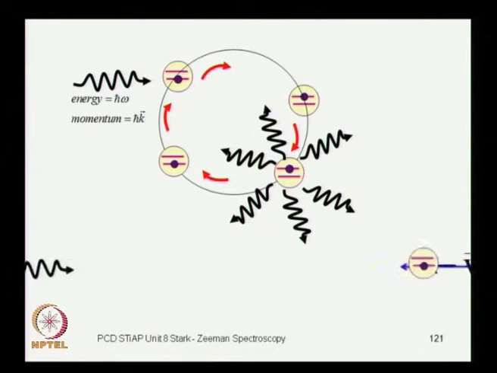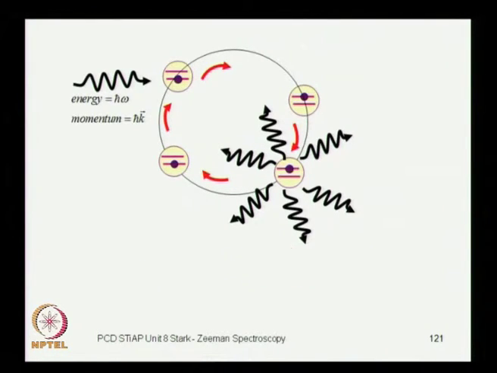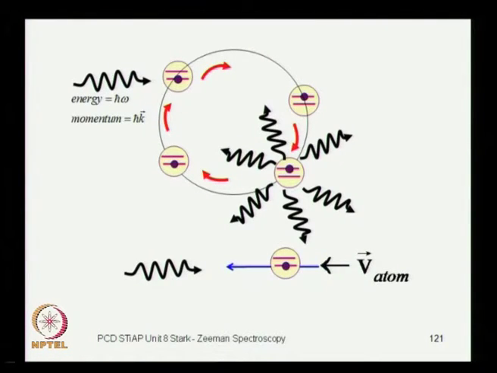So, this is the cooling cycle as we have seen, and the other thing you must remember is that the atom and the laser of course approach each other in different directions. So, they are coming opposite to each other.